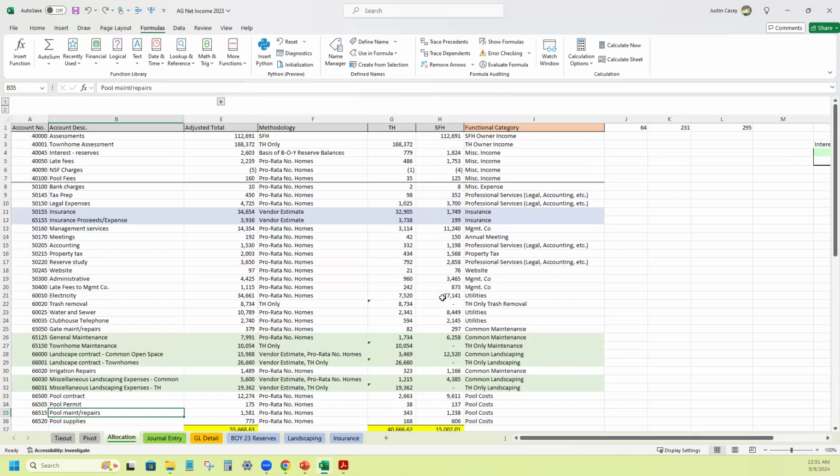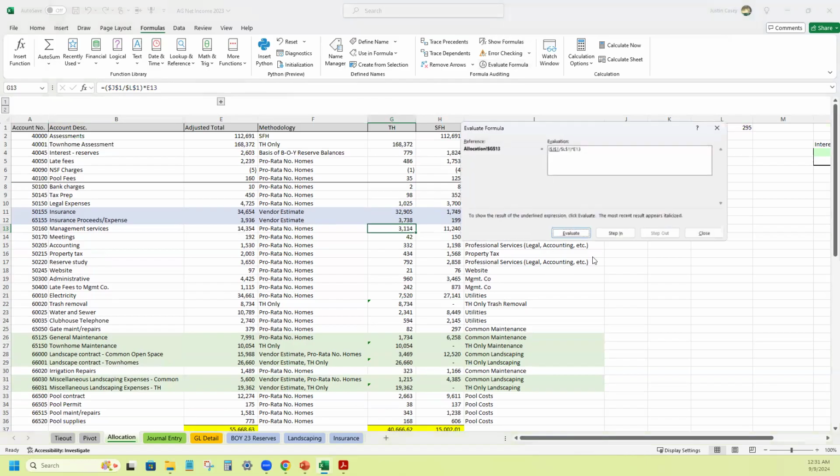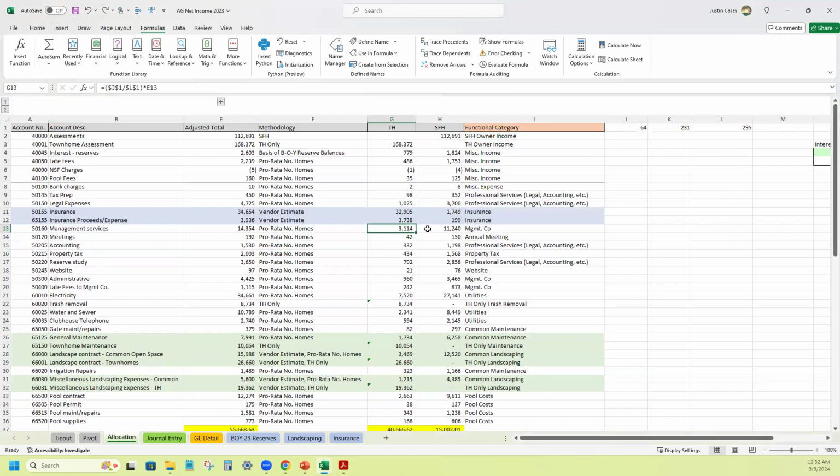So the formula here to see that very clearly is, we take the proportion 64 over 295 and we multiply it by the total. So effectively we'll go into evaluate formula here. Right, 0.217 times the annual expense. And that is how we get that number.